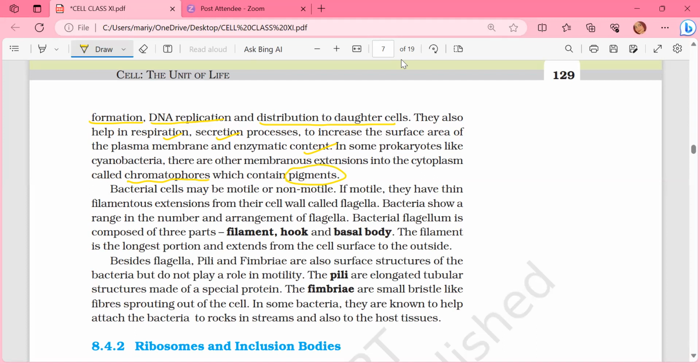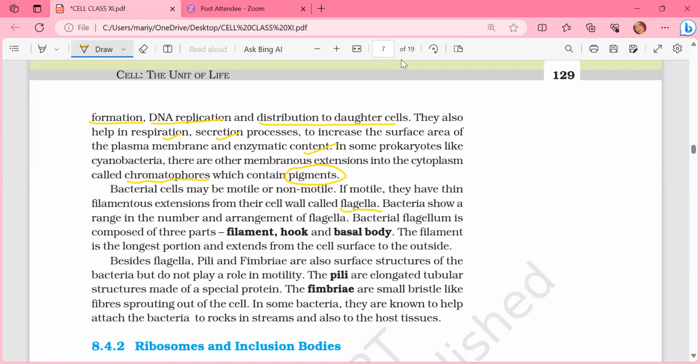Now, a bacterial cell can be motile or non-motile, meaning if motile, they have a filament extension from their cell wall, which is known as a flagella. With the help of flagella, the bacteria can move. The bacteria show a range in the number and arrangement of the flagella.